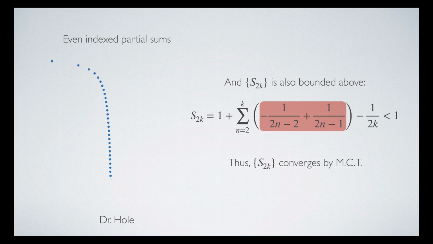So to show that it's bounded above, remember that the alternating harmonic series begins with positive 1. The next term would be minus 1/2, letting n equal 2. 4 minus 2 is 2, and we have negative 1/2. The term after that would be positive 1/3. When n is equal to 2, we'd have 4 minus 1. There's 1/3.